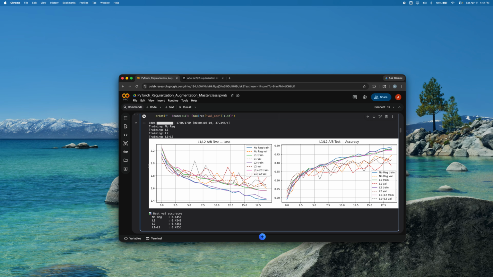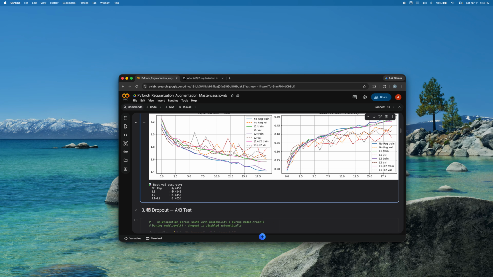here. You can see all the 4 are plotted over here, and the curves behave very differently. The last two are no regularization and L2 train. On L2, basically shrinking the value towards zero, it worked really well, whereas the performance of just L1 and L1 plus L2 was kind of wobbly.